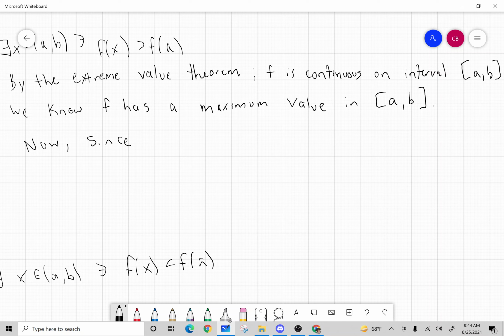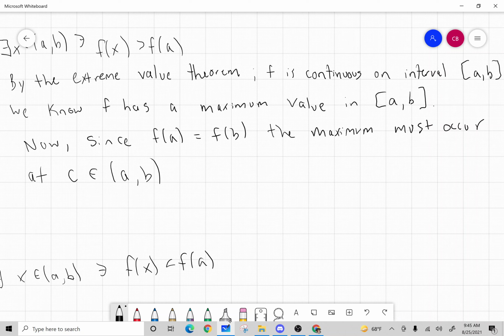since f of a is equal to f of b, the maximum must occur at c existing in the open interval (a, b).